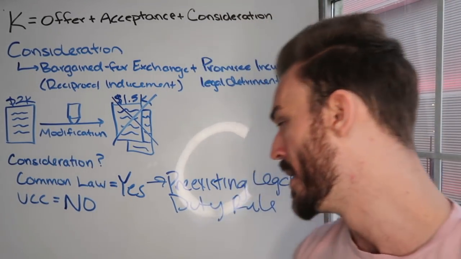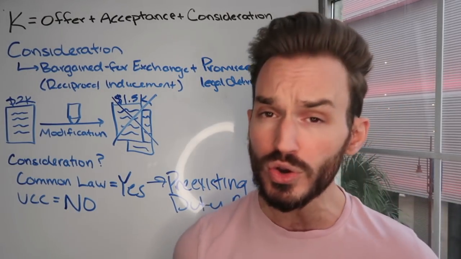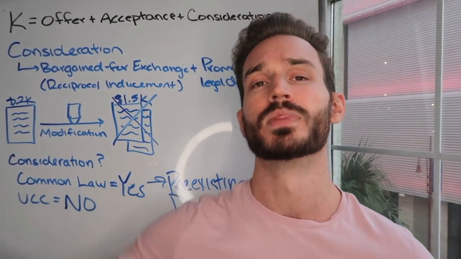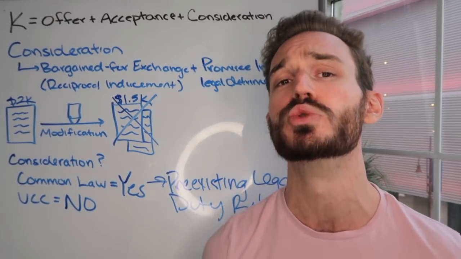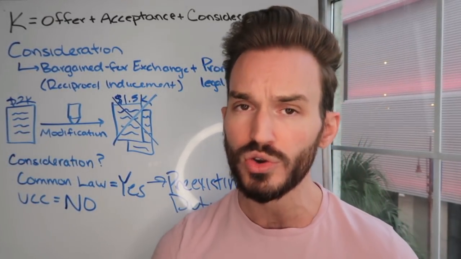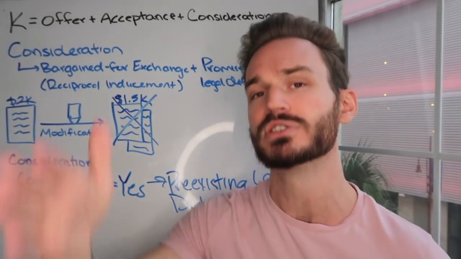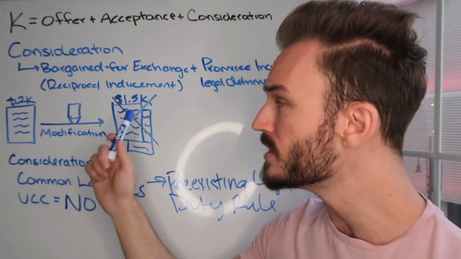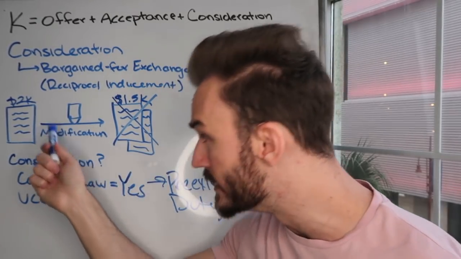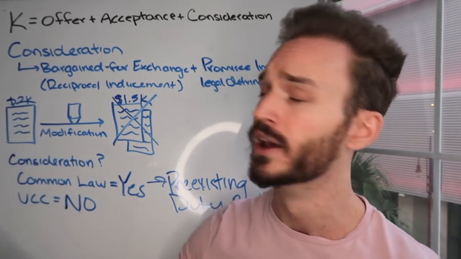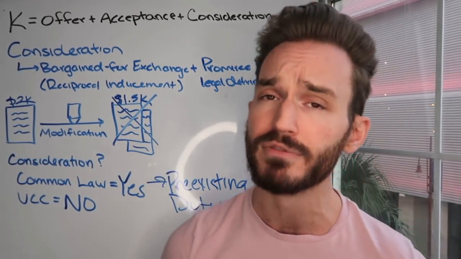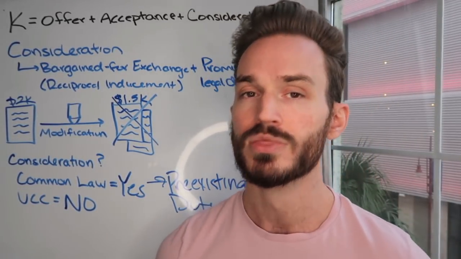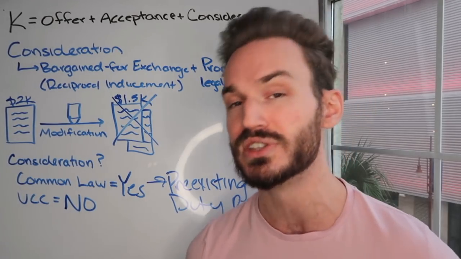You had a pre-existing legal duty to pay me $2,000 for 12 months. That was the term of the lease. You had a pre-existing legal duty to pay me $2,000 every month for 12 months. So when we lowered this price from $2,000 in rent per month to $1,500 in rent per month, there was no additional consideration.